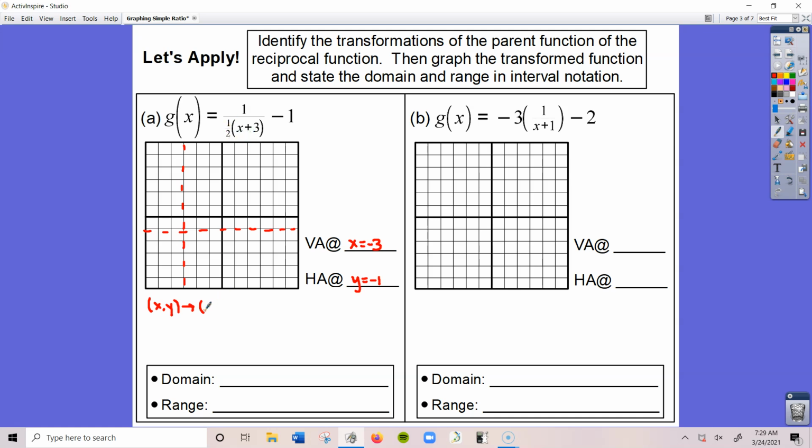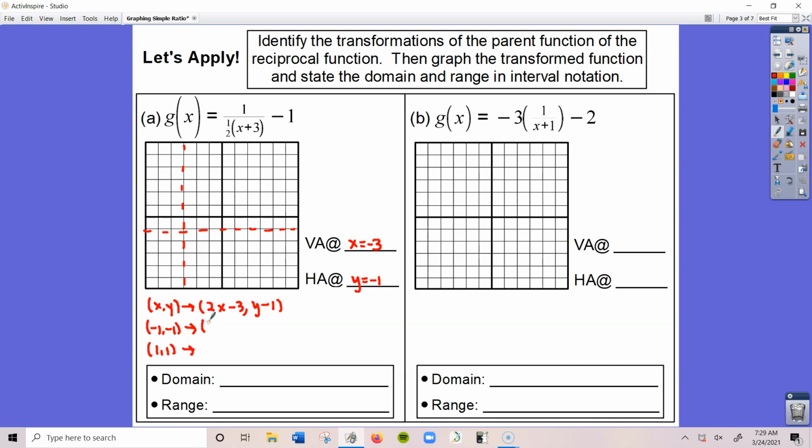So instead of 1/2, remember that's division, so multiply: 2x instead of +3, -3. Anything outside of my fraction will affect the y's. The only thing we have is this -1. So we would have y minus 1. We're going to plug in our reference points, -1, -1, and 1, 1.